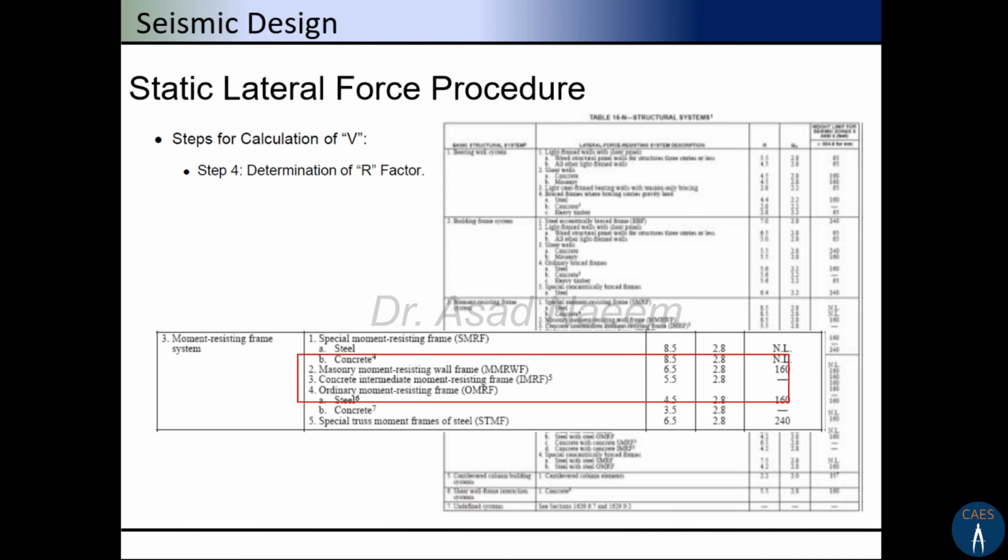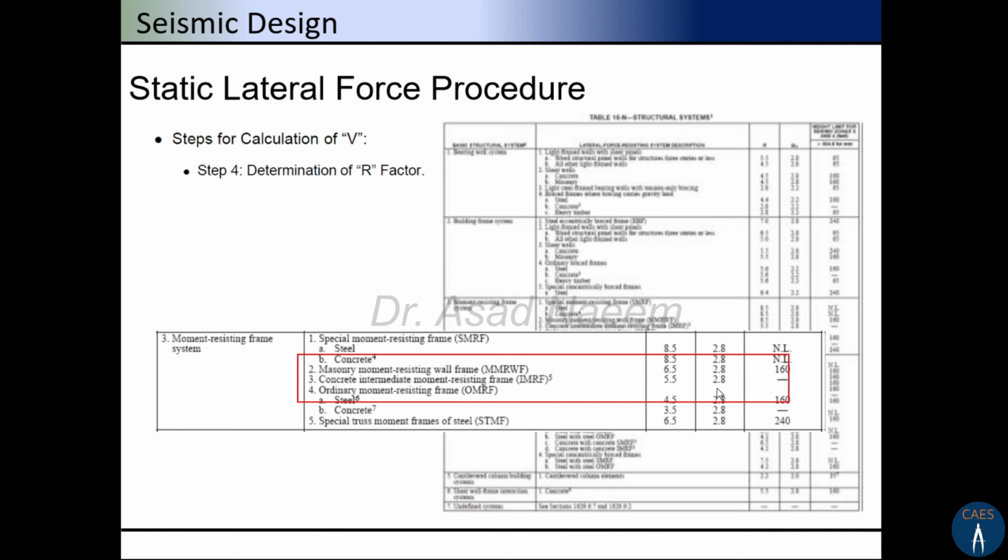If we are not careful about the detailing, then our structure will be an ordinary moment resisting frame, and for this it's almost 3.5. So we have to be very careful while providing the detailing for beam, column, slab, footing, shear walls, and any other element of the structure. So we have to be very careful while selecting the R factor.